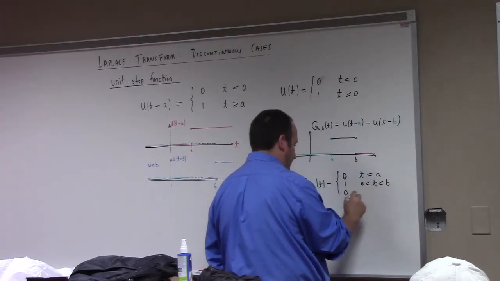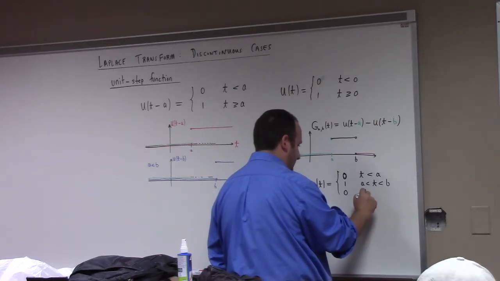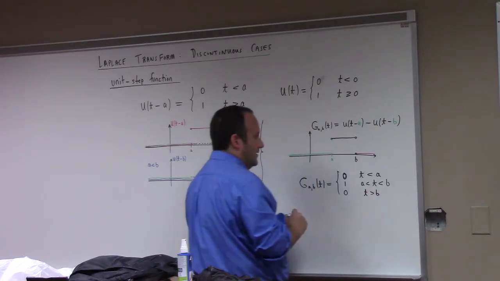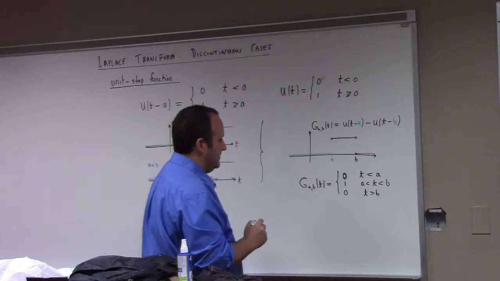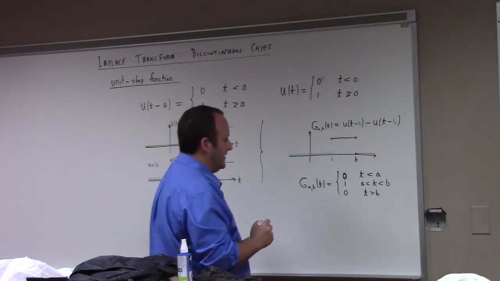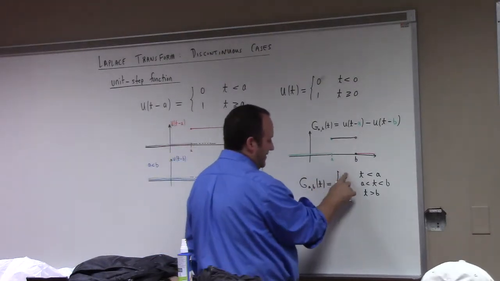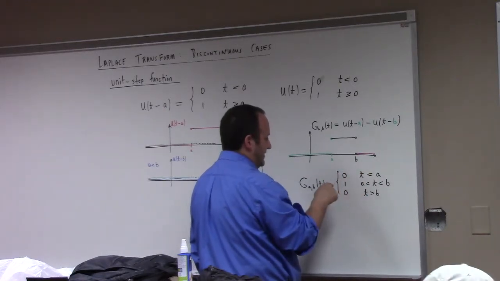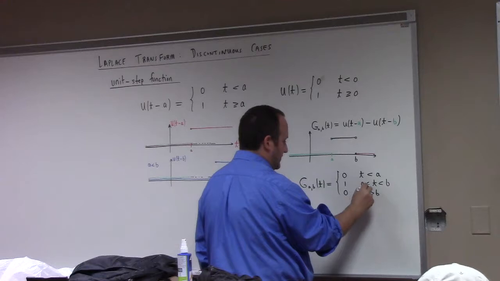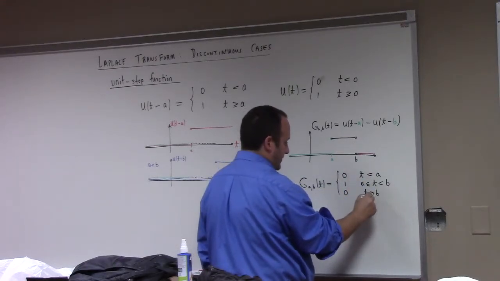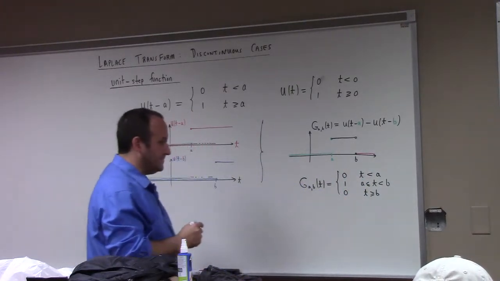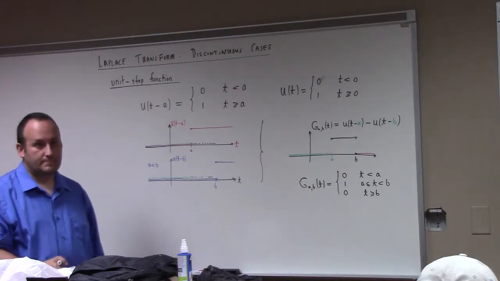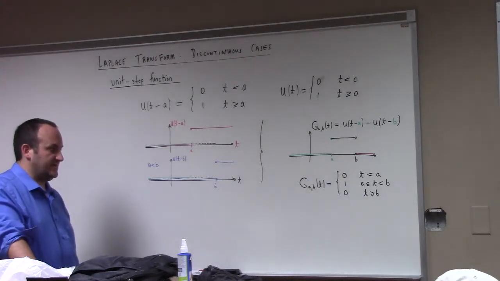And it's 0 again if t is greater than b. I don't really care too much what it actually is at the gluing points, but technically speaking, I suppose the equality is here and there, as I've constructed it. So this is a gate function.